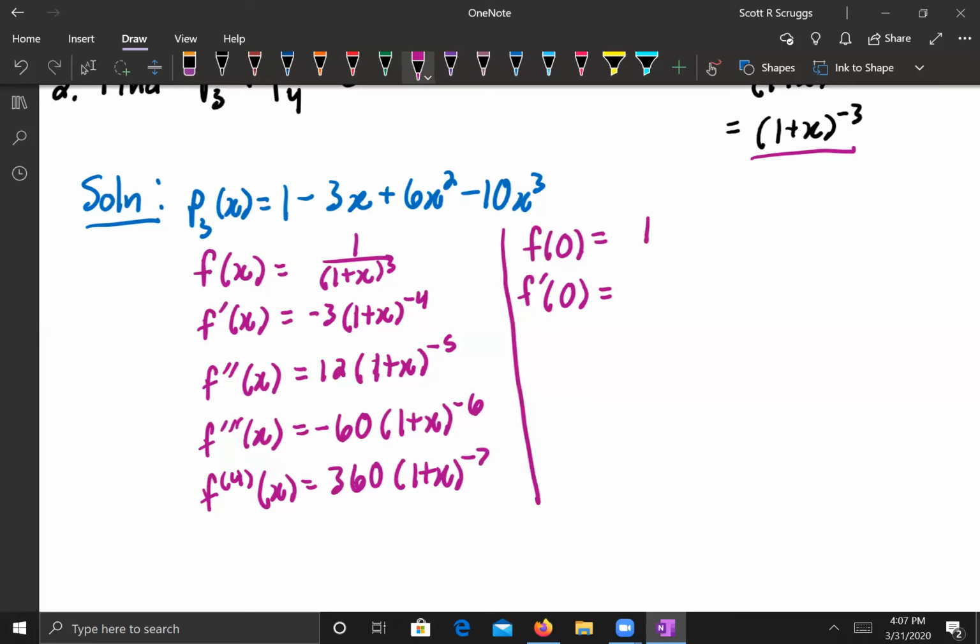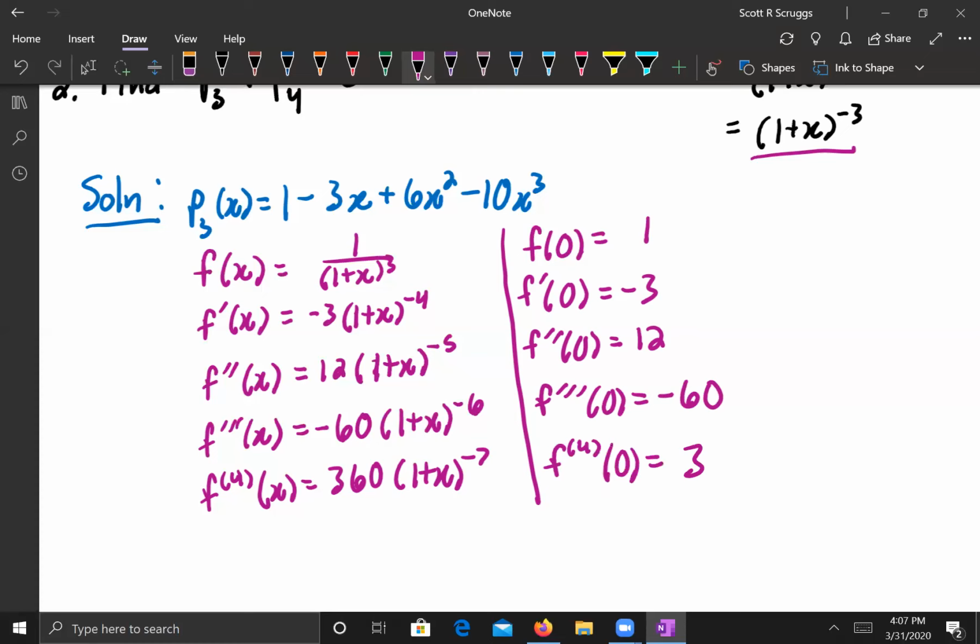Plug in 0 in the first derivative, I'll get 1 plus 0 to -4, which is 1. So I get -3. Plug in 0 for the second derivative, I'll get 12. Plug in 0 into the third derivative, I'll get -60. And then plug it into the fourth derivative, I'll get 360 again.